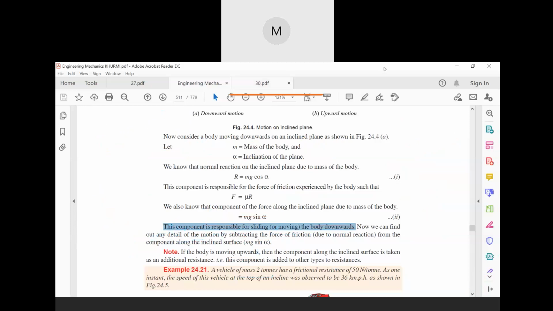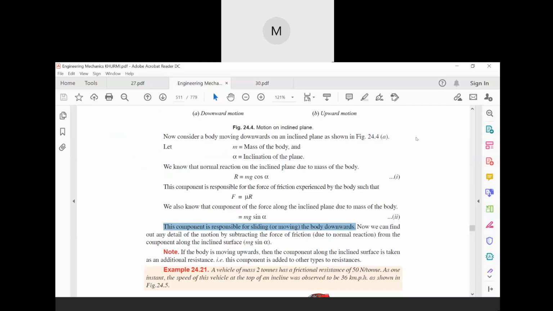So what we can write is F equal to mu R, or equal to mg sin alpha. So this is how it is being written down. So these are how the two components are taken.